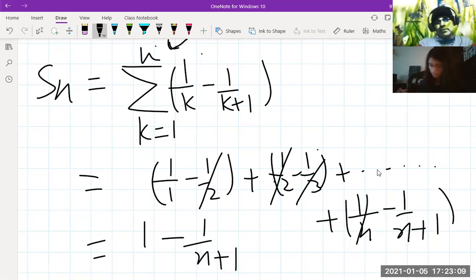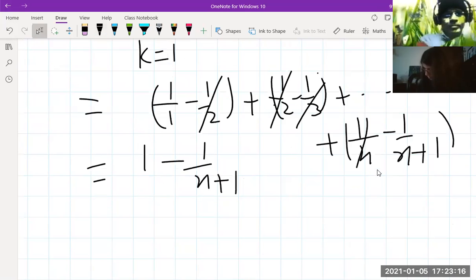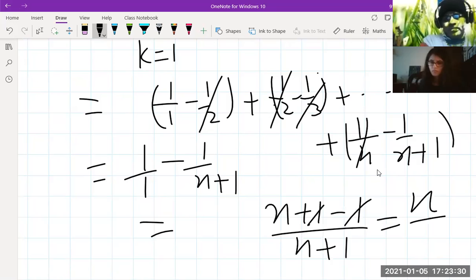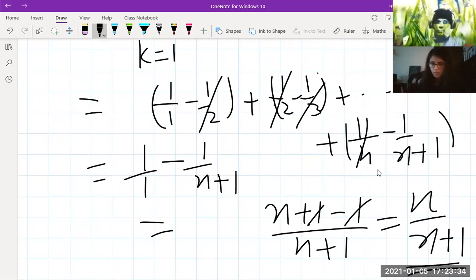The first term and the last term will remain. So this is how we find the sum. We have got the sum.